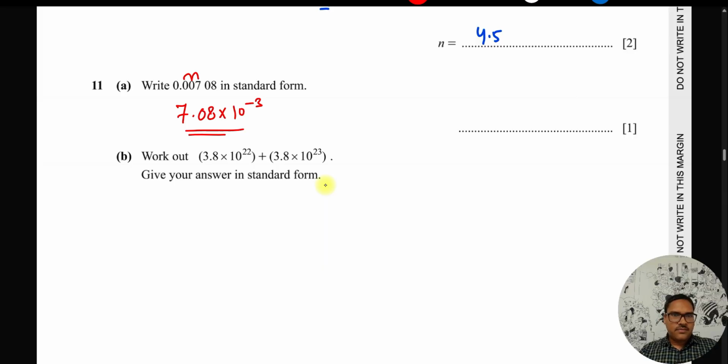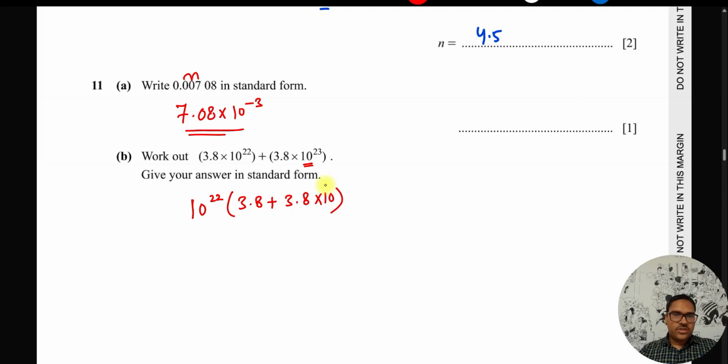Next is work out this value, give the answer in standard form. Okay. So what you can see here is 10 to the power 22. I can take 10 to the power 22 common, and this will become 3.8 plus 3.8 into 10, because this is 10 to the power 23, 22 into 10.